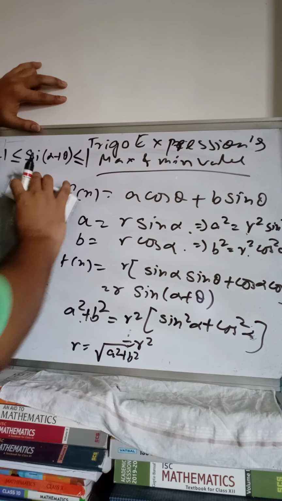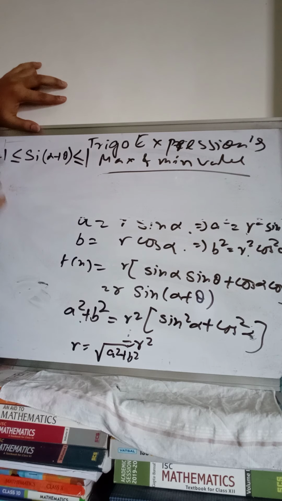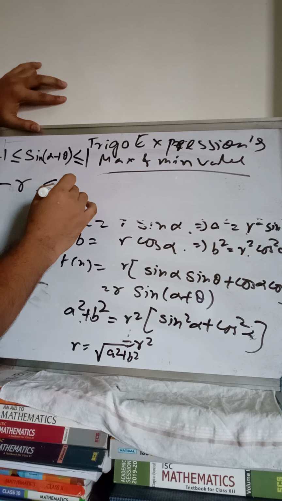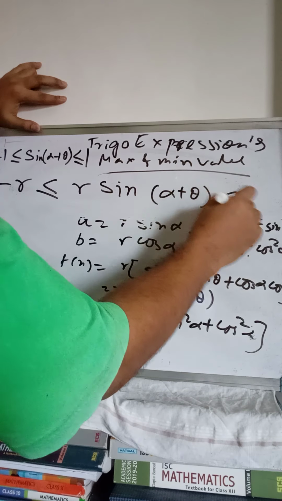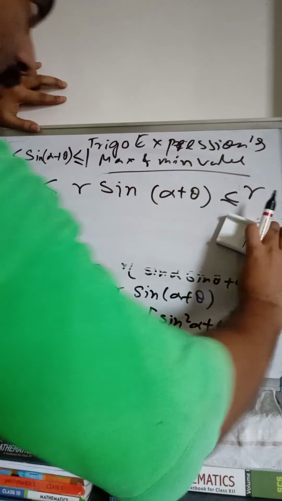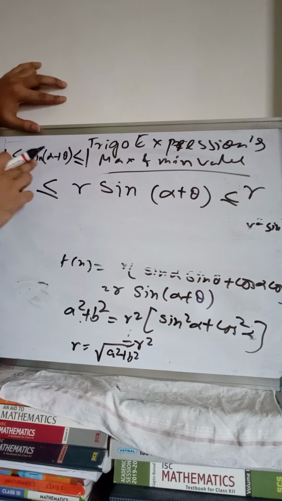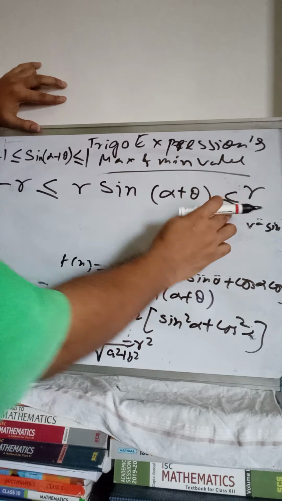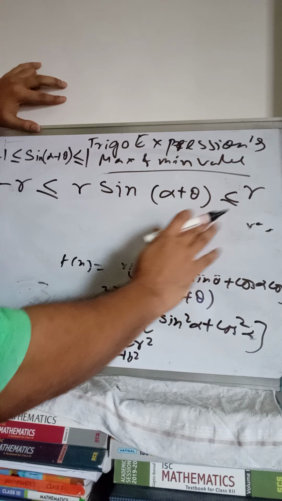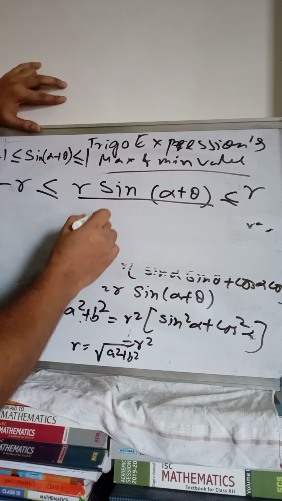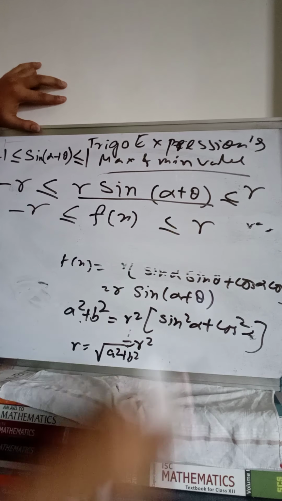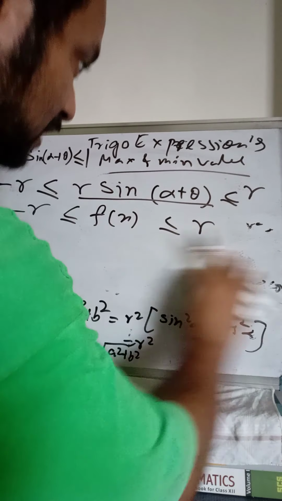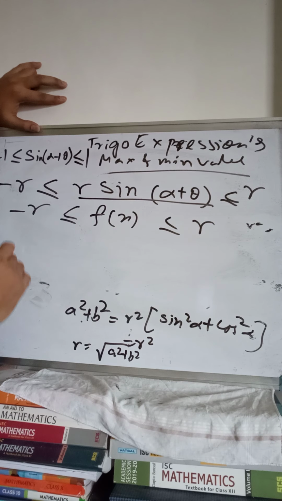If I now multiply by r over here, I can write minus r less than or equal to r sin of alpha plus theta less than or equal to r. Okay, so this is the value of f(x). So the f(x) value lies between minus r and r. Now what is your r? Your r is root over a square plus b square.